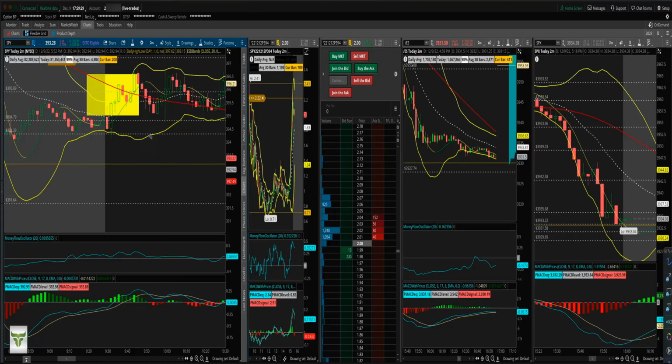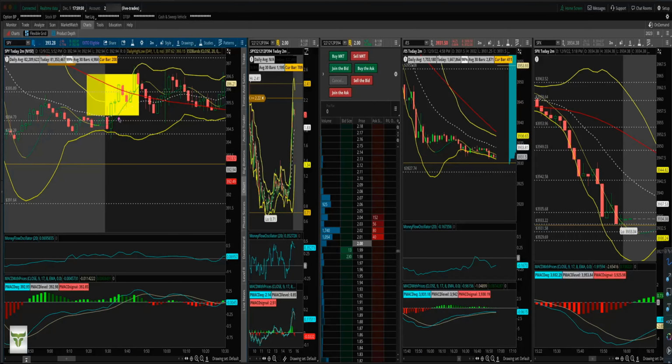So when we draw the box, we know if the stock, equity, ETF, whatever you're trading opens up inside of the box, we are going to look to do a spread or a defined risk because that's what it dictates, or we simply don't trade. This is the no-go zone.